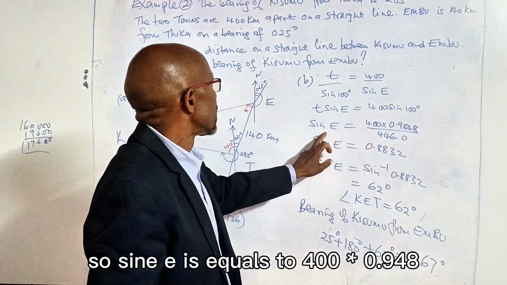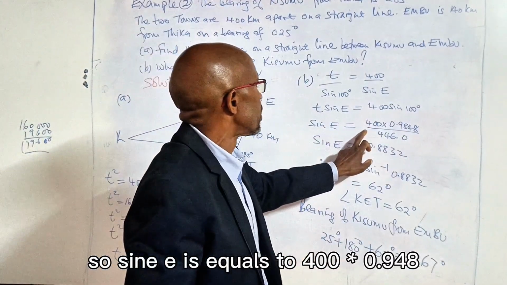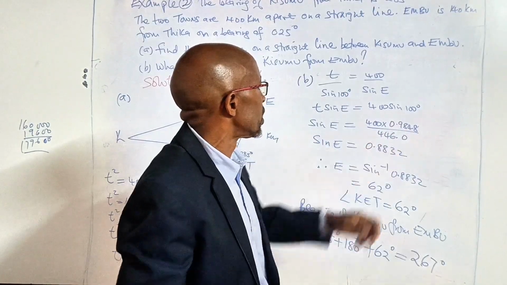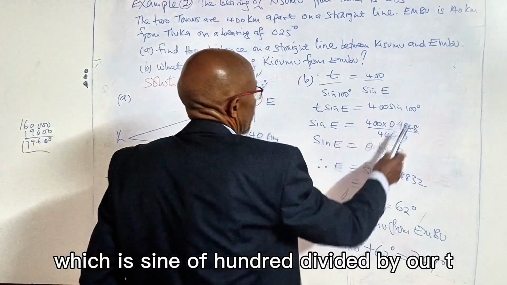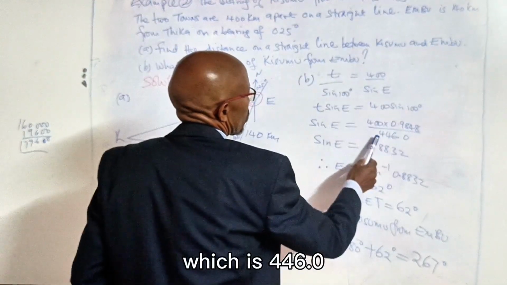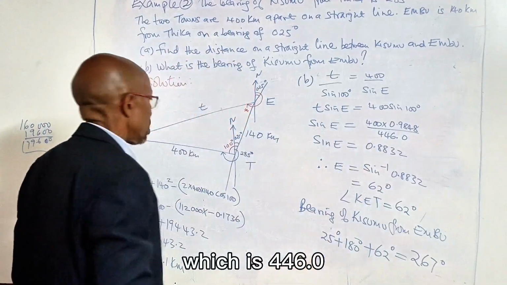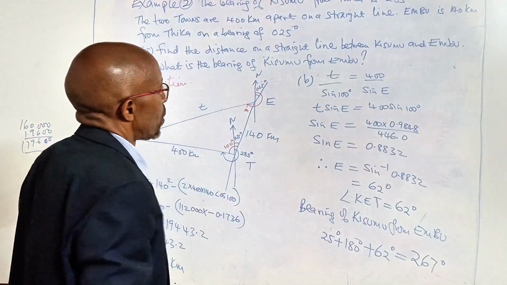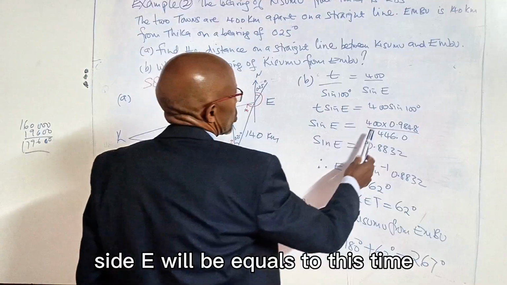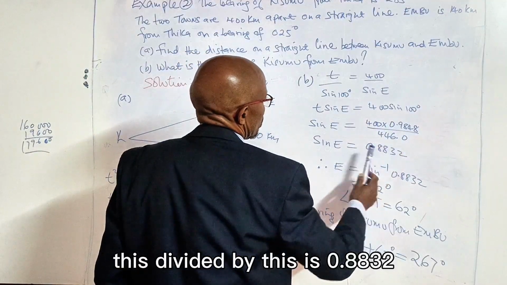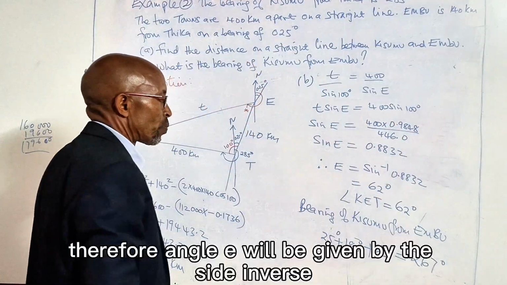So sine E is equal to 400 times 0.9848, which is the sine of 100, divided by our t, which is 446.1. Sine E will be equal to this times this divided by this, which is 0.8832.